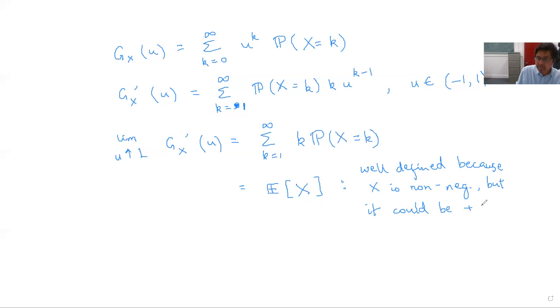An expectation becomes undefined if it's of the form infinity minus infinity, which cannot be computed. And that can happen only if a random variable has positive probability of taking both positive and negative values.